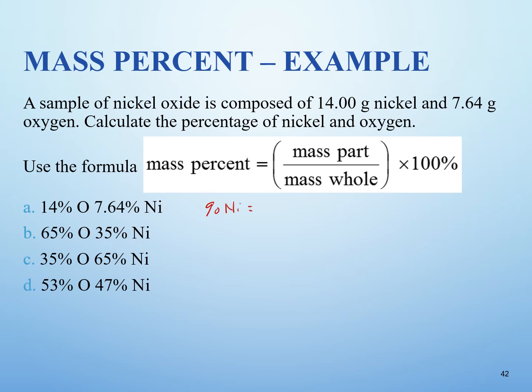First of all, let's do the mass percent of nickel. We are going to take 14 grams of nickel, because it says there's 14 grams. And then you have to divide it by the total, which is 14 grams nickel plus 7.64 grams of oxygen. Whatever this answer is, you put that in and then times 100.